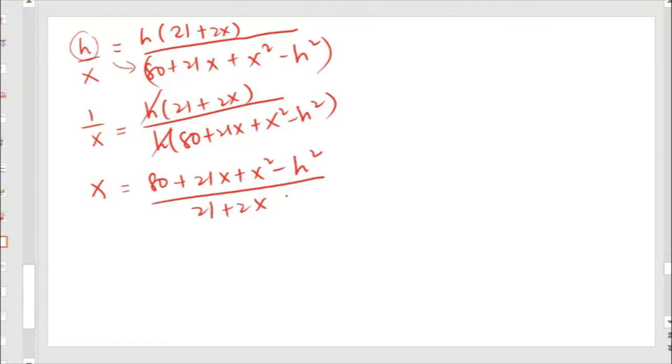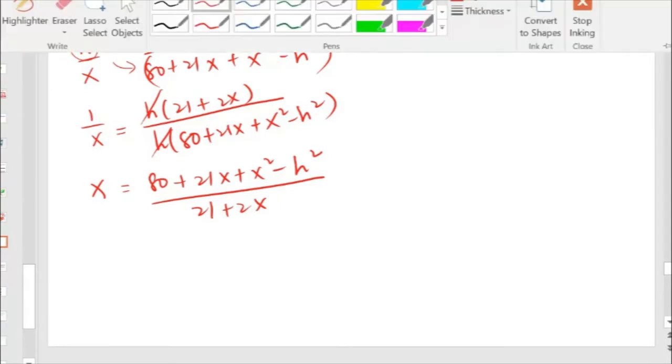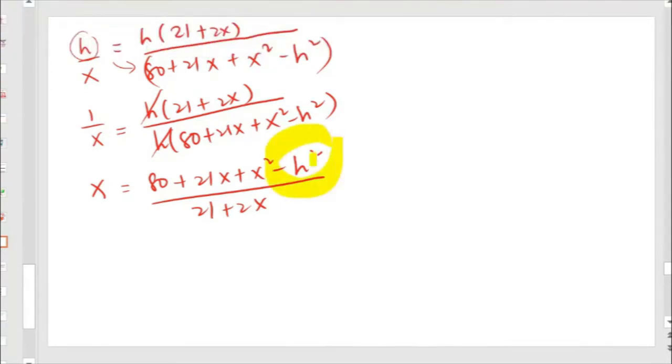Okay, then after this, the question is we want h only, right? H is what we want. So what we need to do now is you move the denominator to the left hand side. So it becomes 21 plus 2x times x equal to ft plus 21x plus s squared minus h squared.